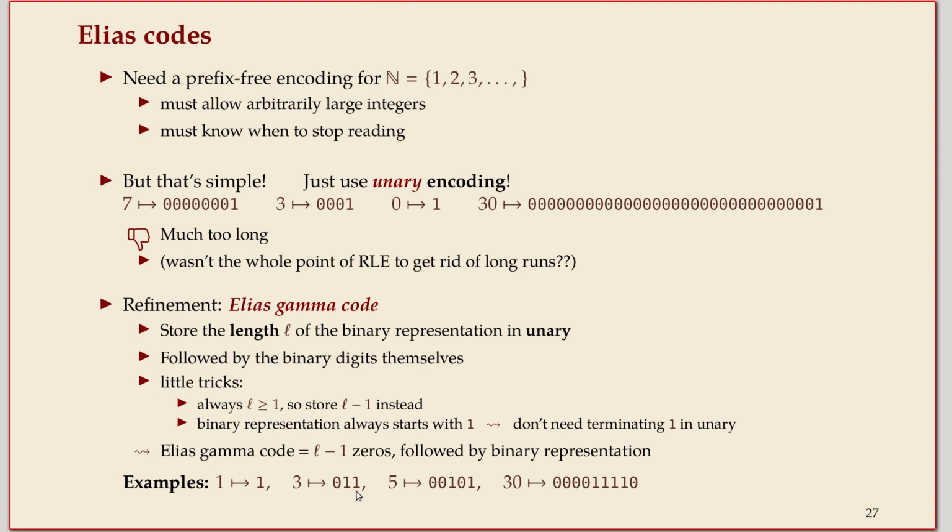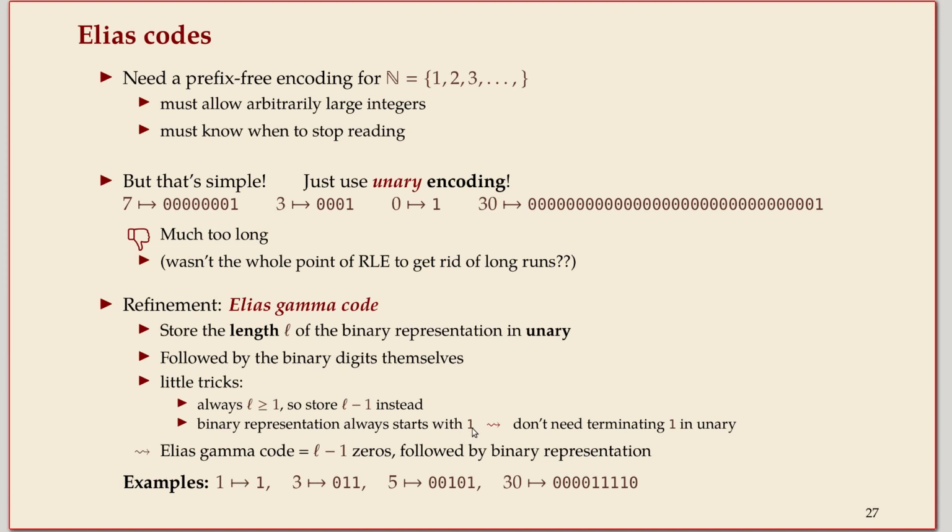And well, Elias found that we can squeeze a few bits if you look at this closely. First of all, if we store numbers starting at 1, 2, and so on, we always need at least 1 bit to represent the number. So we might as well store L-1. And the binary representation of any positive integer starts with a 1.